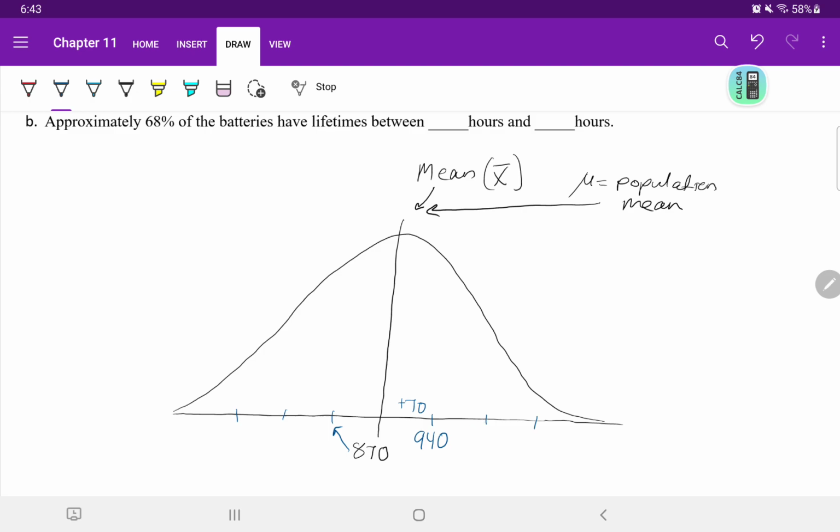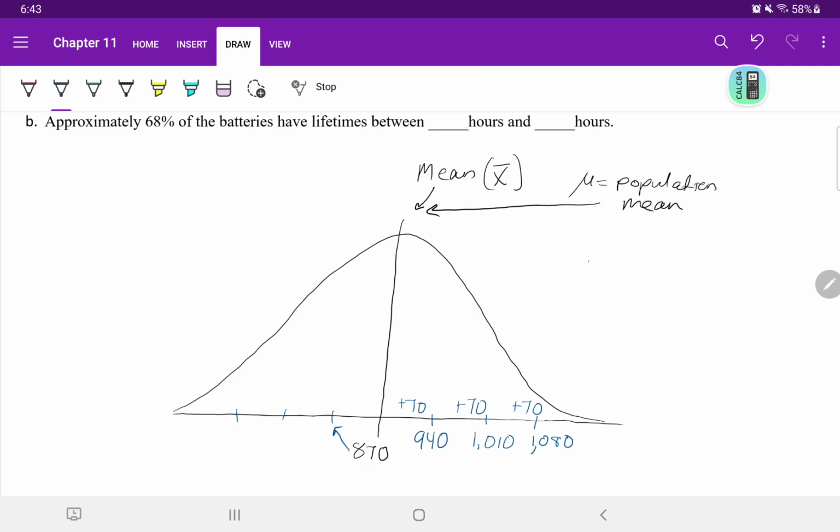To find the next value, you add 70 to 940. 940 plus 70 is 1010. Plus 70 again is 1080. And that is how you work your standard deviations.